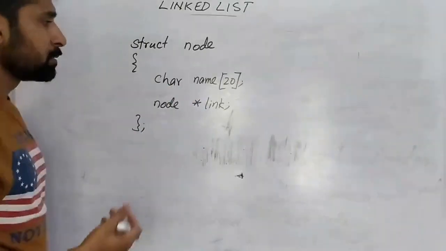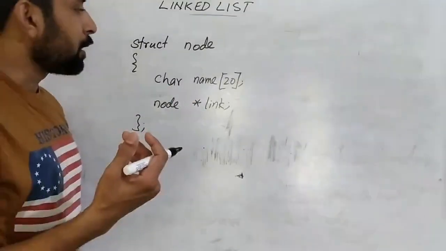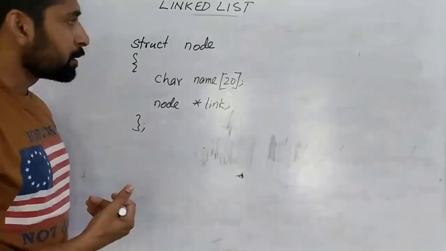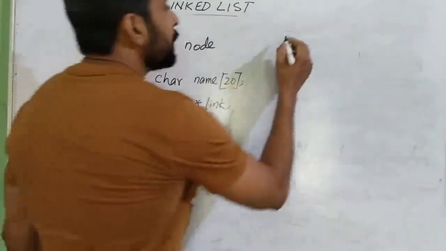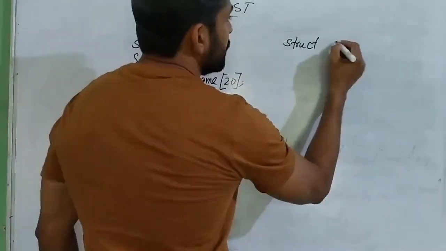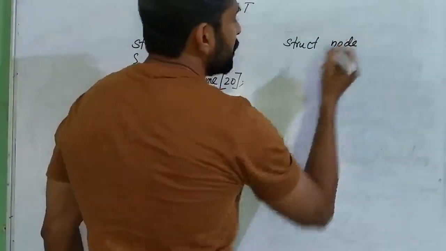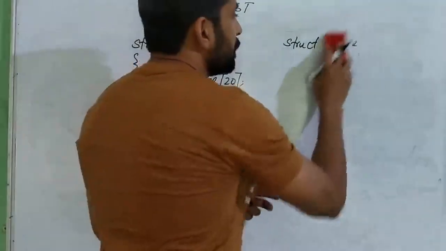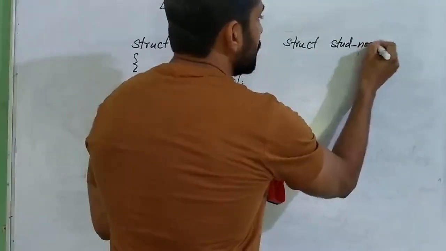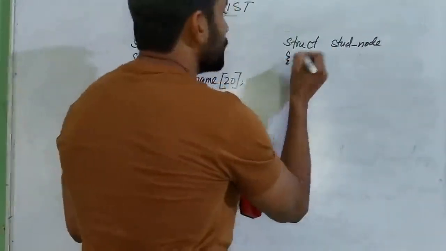Now suppose we are storing the register number, name and gender of a student. Such a node can be created. Struct stud_node.